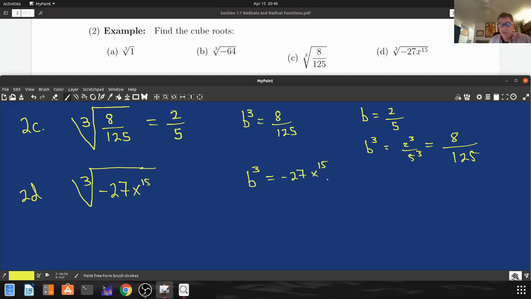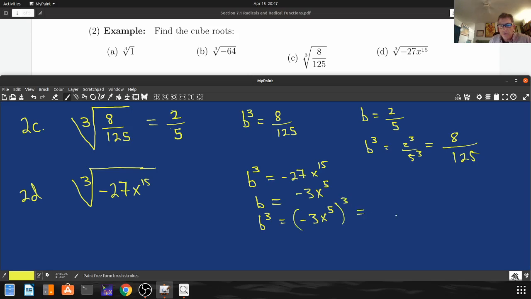So again, I'm just kind of doing this now. Let's let b equal minus 3x to the 5th.